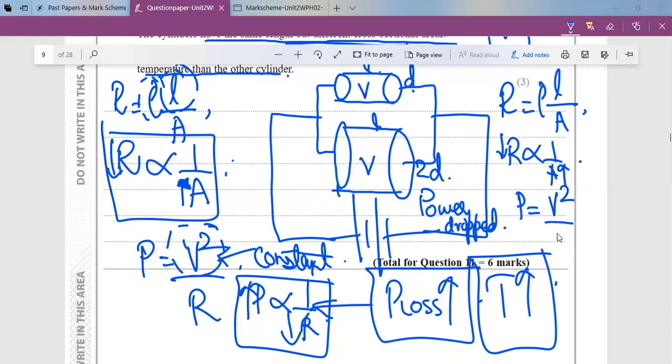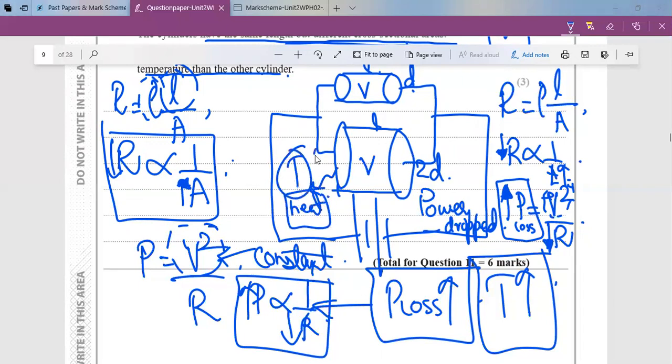So power is V squared upon R. If we apply this formula for the power lost across these two cylinders, then V is constant, and power and resistance are inversely related. Over here, we deduce that resistance is falling, right? If the resistance is falling, what will happen to the power loss? Will it rise? Yeah, it will rise. If more power is dissipated across this one, then that actually means more heat is generated, and more heat means more temperature. Get it now? Right. Okay.